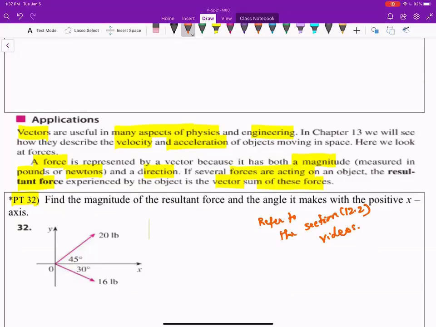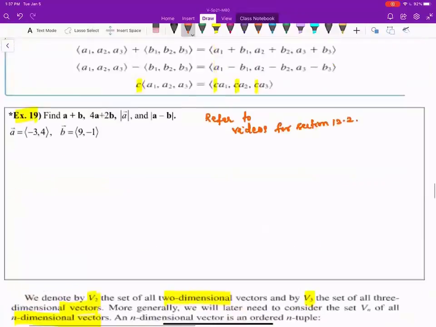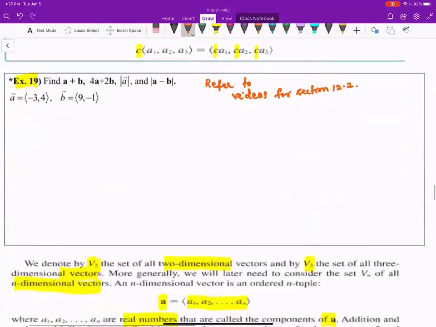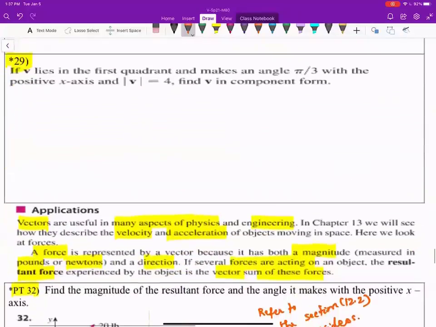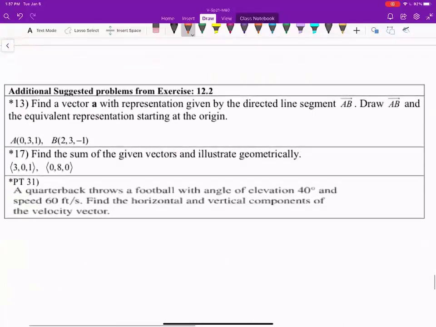There are several problems that are done in the section videos: problem number 4, problem number 19, the earlier ones that I mentioned, then problem number 25, 29, 32, and also 31. All these problems are done in the section videos, which will be very helpful to complete the homework problems too. Please do watch all these problems in the section videos.